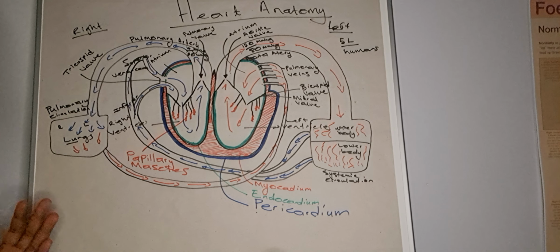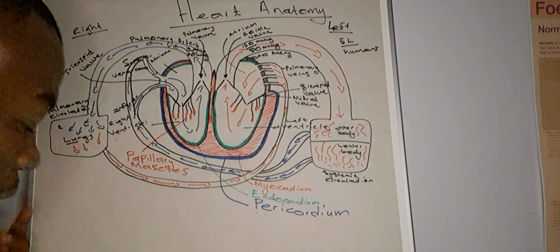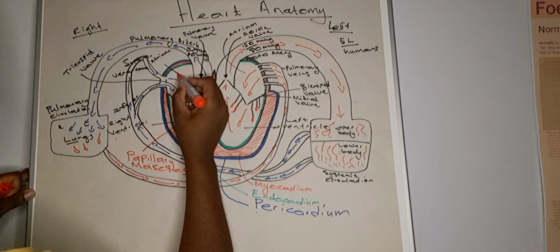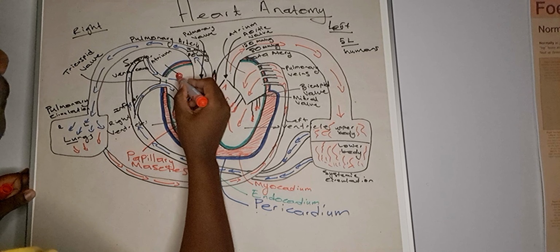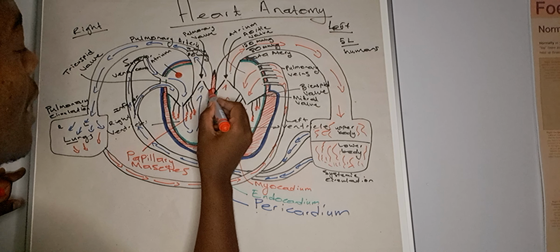This will be a simplified labeling diagram of the heart. Next time I will be telling you about the electricity of the heart, because the electricity just begins here. And then the networking of this electricity will come again here.